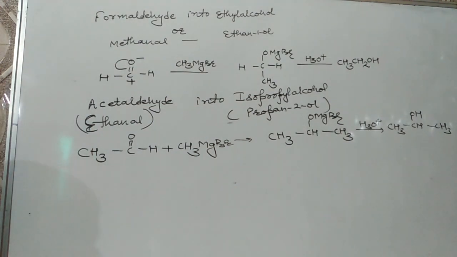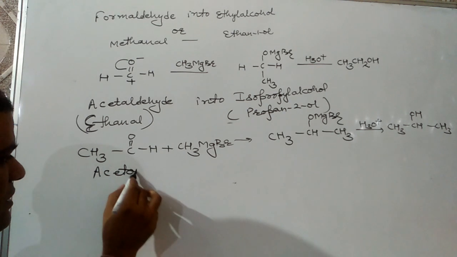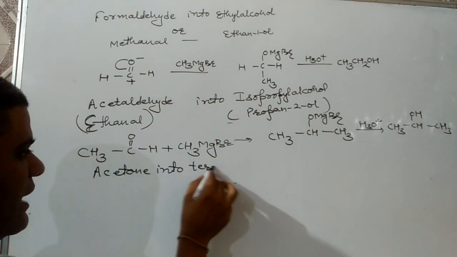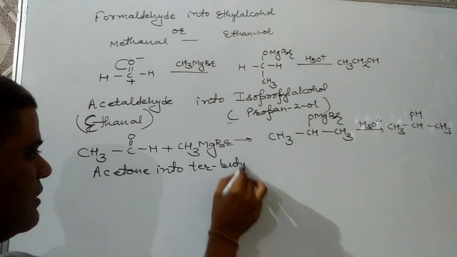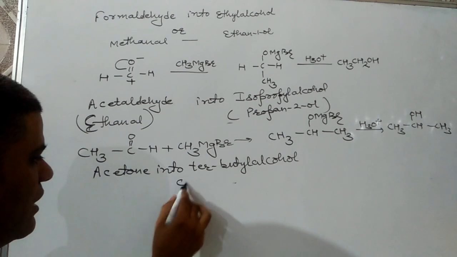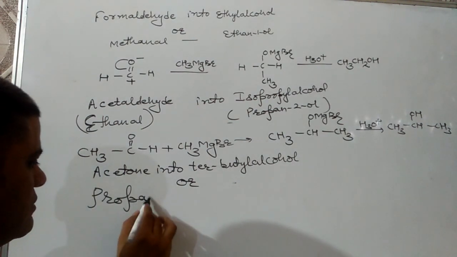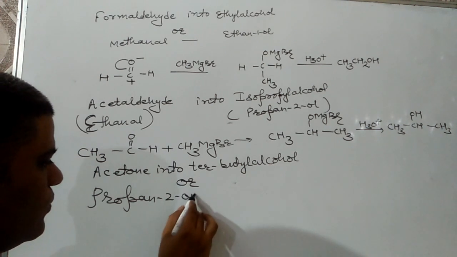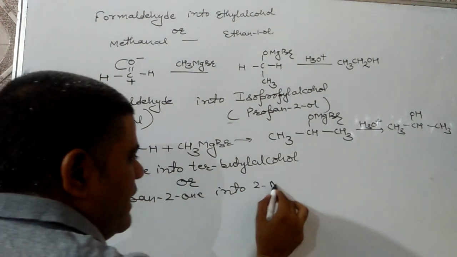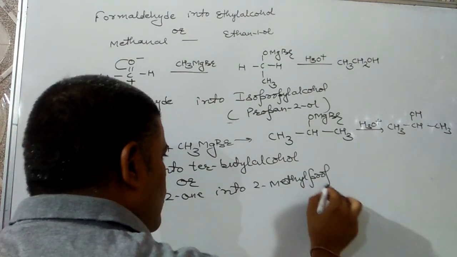Next question may be: convert acetone into tertiary butyl alcohol, or propan-2-one into 2-methylpropan-2-ol.